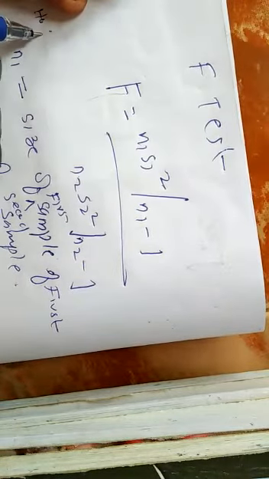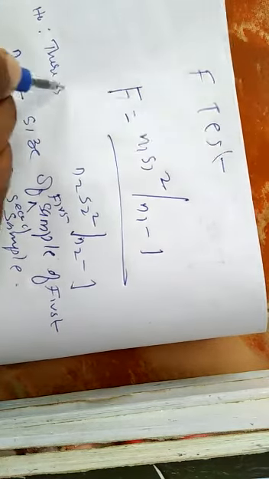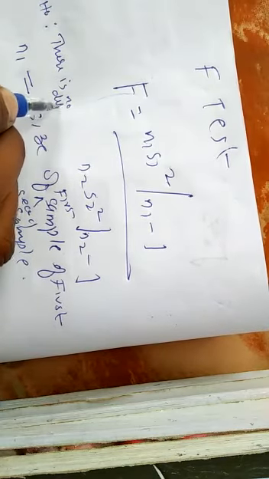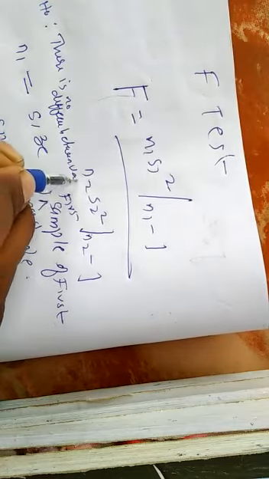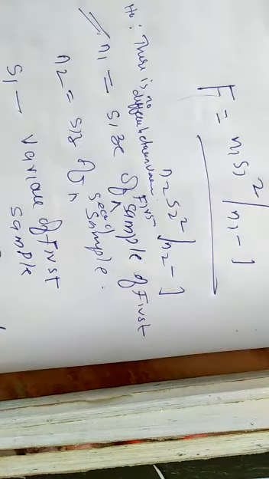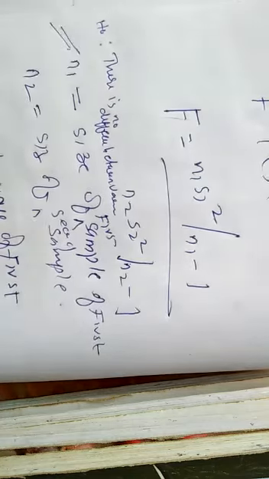We take the null hypothesis H naught: there is no difference between variance. So, calculated value less than tabled value, you can conclude there is no difference between variance.